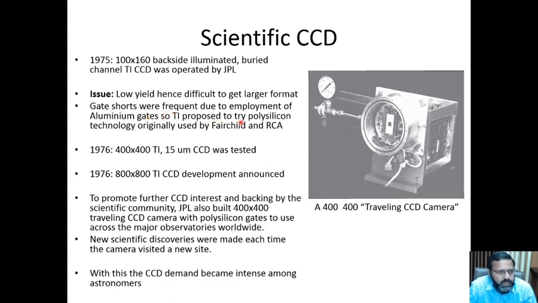So they proposed to try polysilicon technology, which was originally used by Fairchild and RCA, and they were successful in doing so, and they could develop a larger format CCD detector, 400 by 400, a 0.16 megapixel camera, and they announced development of larger detectors also.